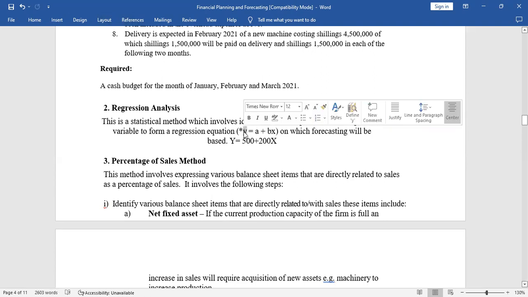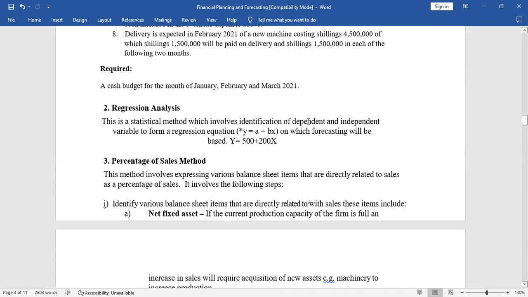Y depends on x, so it becomes the dependent variable. A is the y-intercept, or where the line or the curve cuts the y-axis. And then b is the slope or the gradient of the line. So again, we can use that technique to help us forecast.